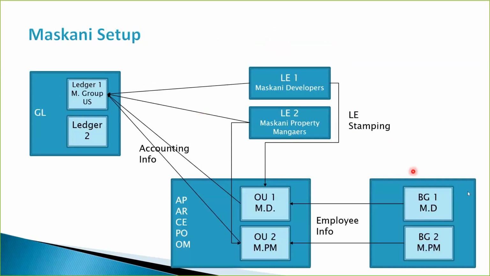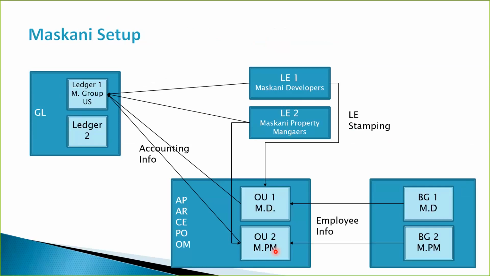Remember, this was the setup, the diagram, that we used to demonstrate what our Mascani setup will look like and the different organizations and their interactions. We have already set up Mascani Developers Operating Unit and Mascani Property Management Operating Unit.